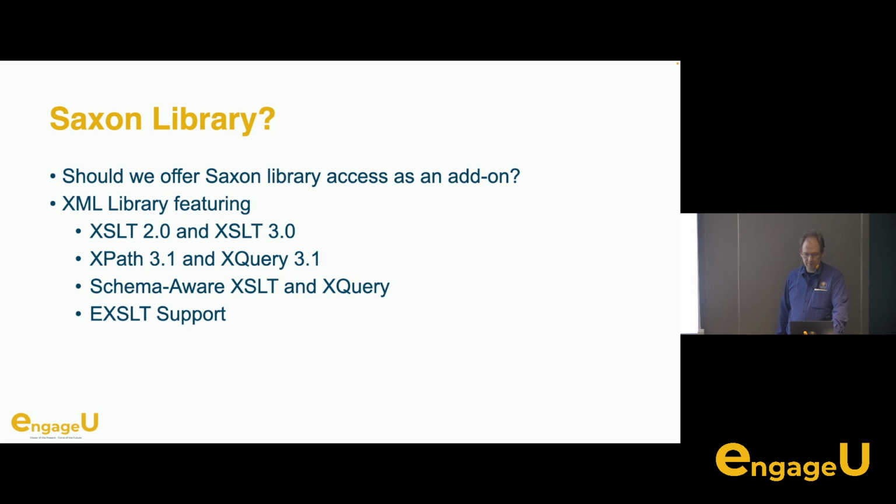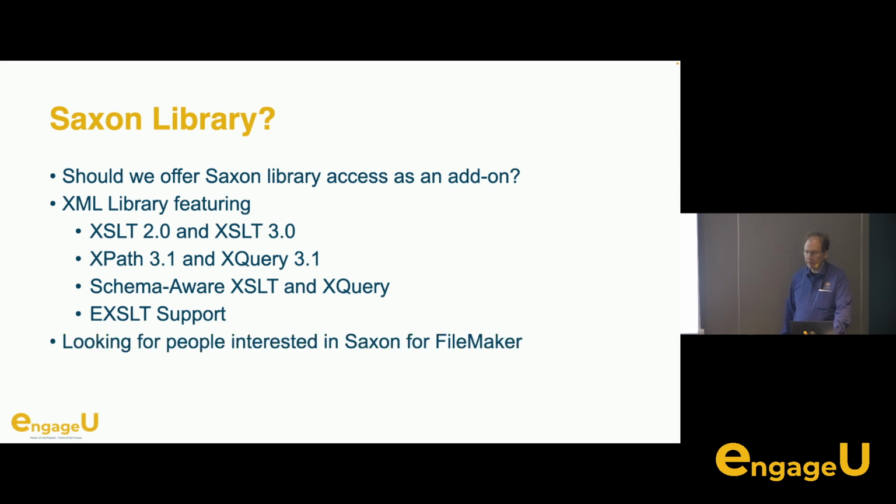It can do a lot of things, and I'm interested to learn if anyone is interested in getting this into FileMaker to get some better XML support, because it's a commercial library. I would have to license it, and it's quite expensive, so I would only do it if I find enough people who like to have this feature.